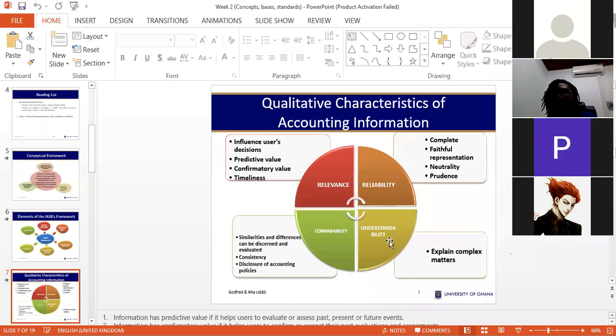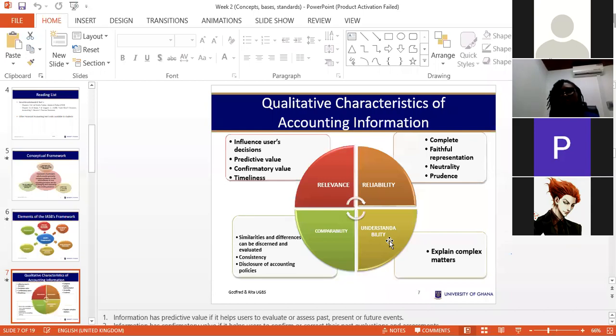Remember, the users are mostly external users. So if you are presenting the information as the only means for them to assess your performance, then you must report and let them know that whatever you are reporting actually represents all the occurrences within that period. Are you okay?